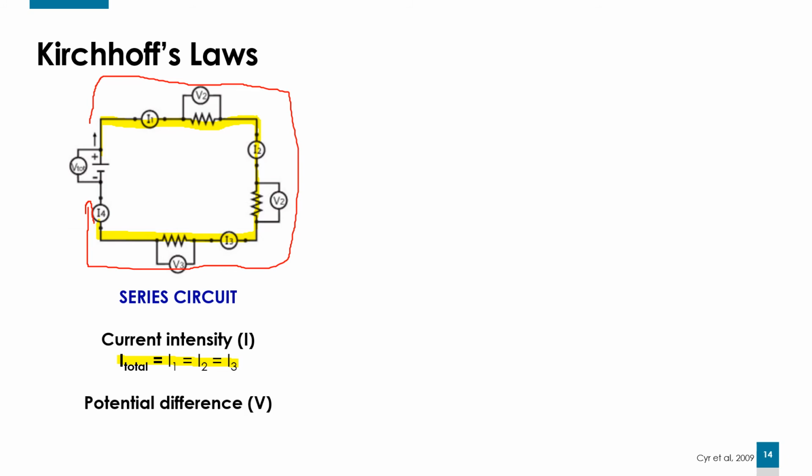What about the potential difference? Remember, the potential difference of each of them is a sum. So the V total is equal to V1, V2, and V3 added together.